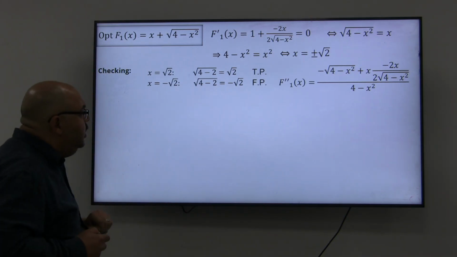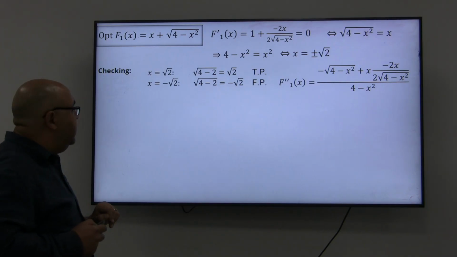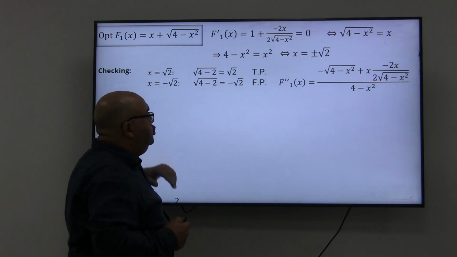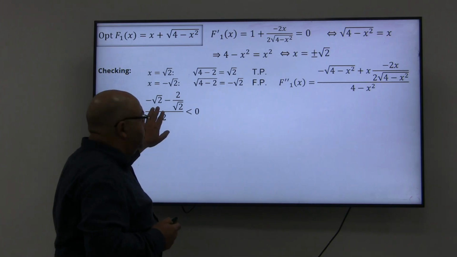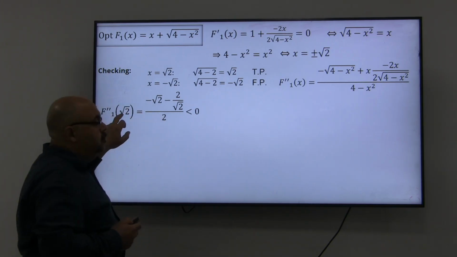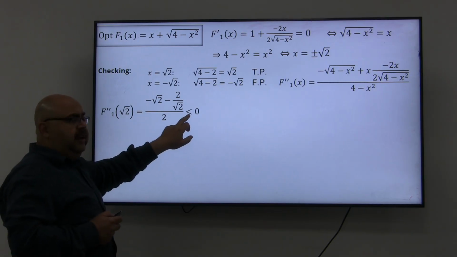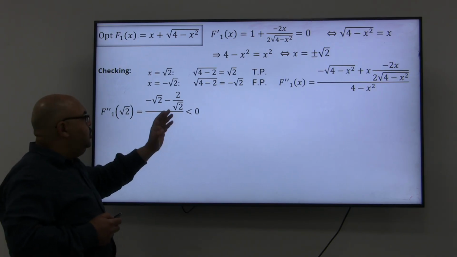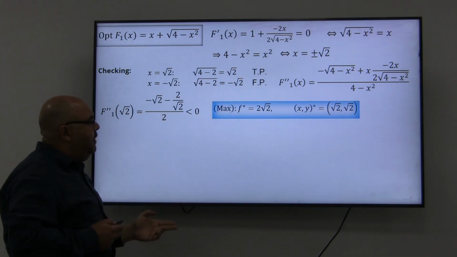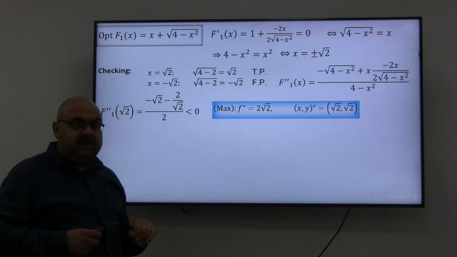Okay, this is my second derivative. I will substitute by root 2 and the negative root 2 in this relation. Once you substitute by root 2, the value is less than 0, which means at root 2 you will have a maximum point, as you can see.